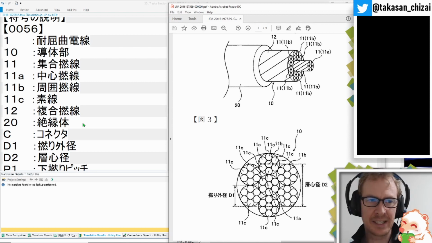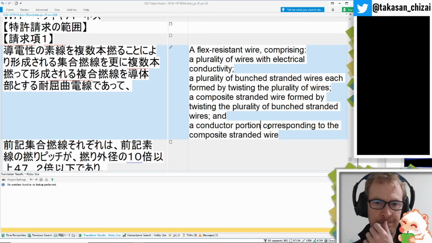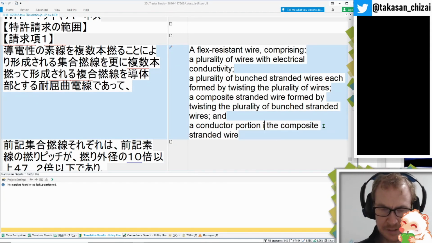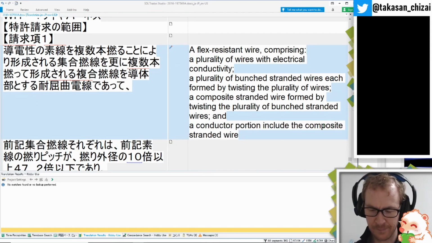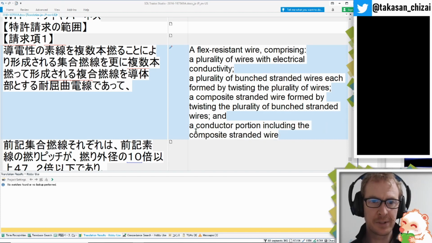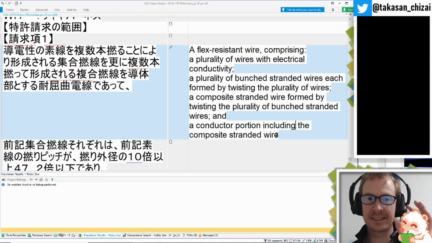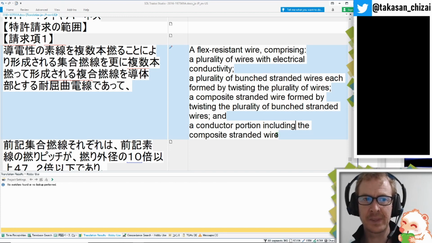I think we just found our answer. If we use including the composite stranded wire here, it's now saying that this conductor portion basically is the composite stranded wire, but it can have something else in there. And that's what we need to say.